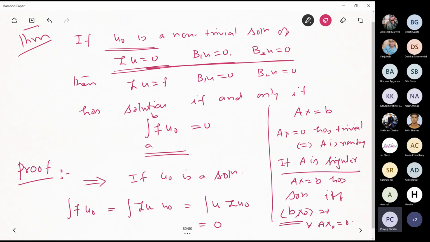That gives one side. The other side is not difficult: you write the general solution using the variation of parameters formula and substitute the conditions. Then you get the general solution in a very nice form, u equals the integral of a Green's function type of function times f, plus some arbitrary constant times u naught.